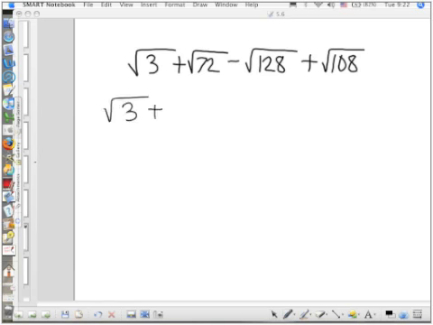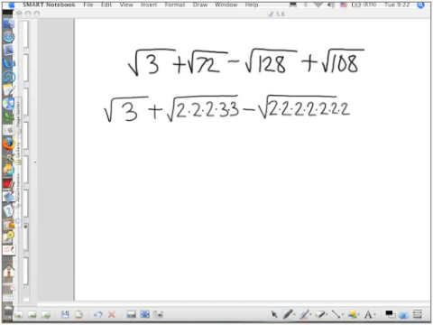Square root of 3 can't be simplified any more than what it is. 72 is 8 times 9, right? 128 is 4 times 32. 32 is 4 times 8.